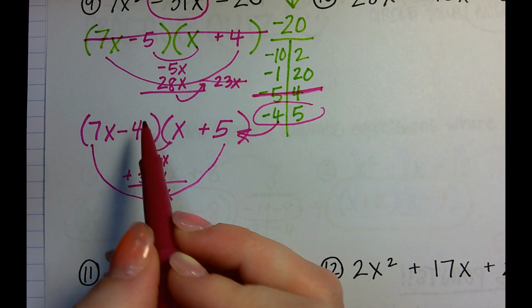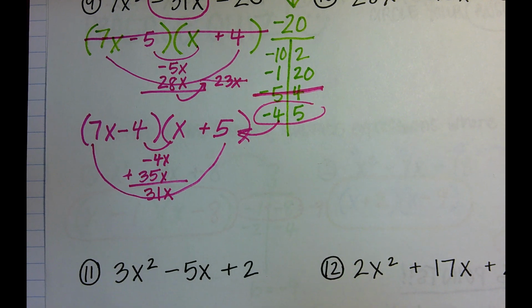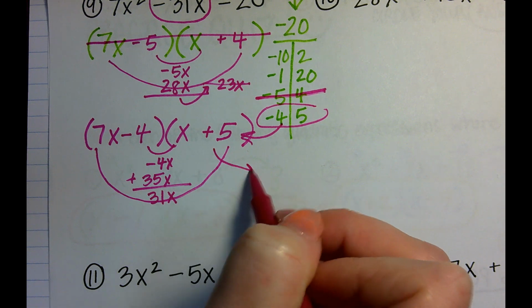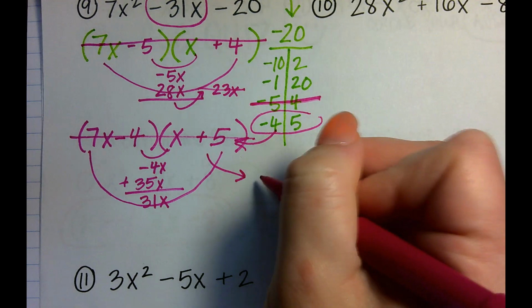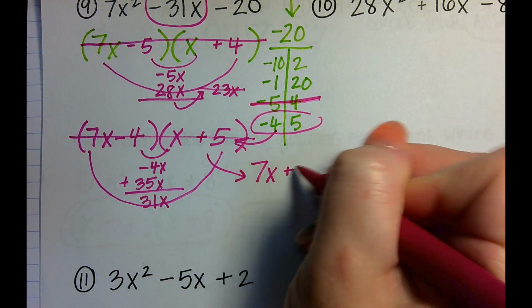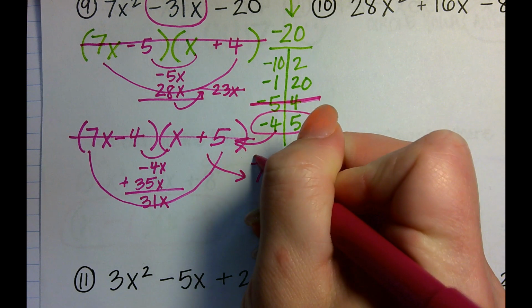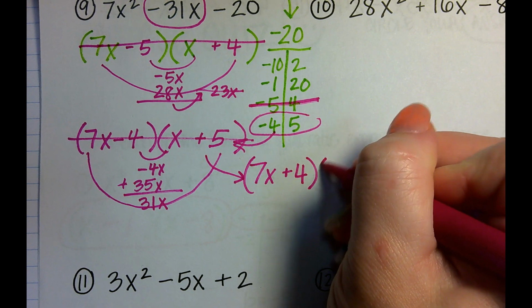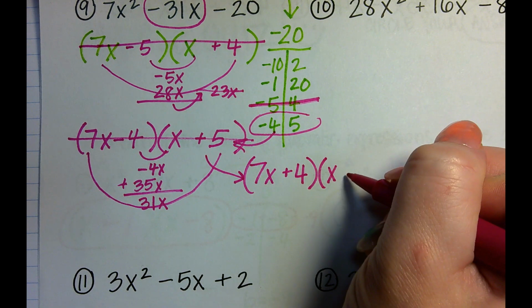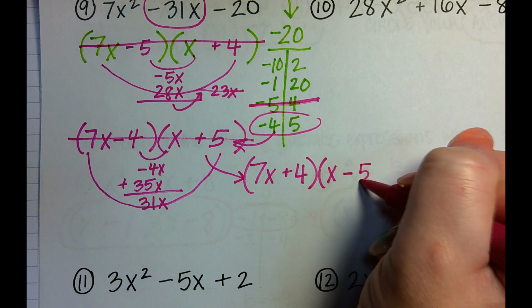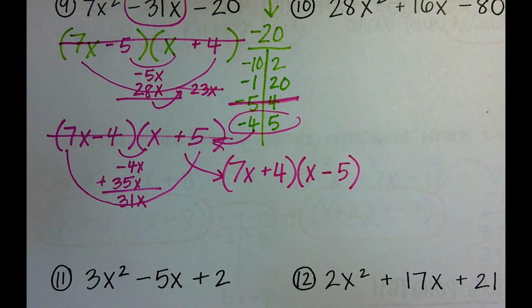So let's try 7x plus 4 and x minus 5. Let's try that. Now this is one where you may want to use an extra sheet of paper. That will be available.